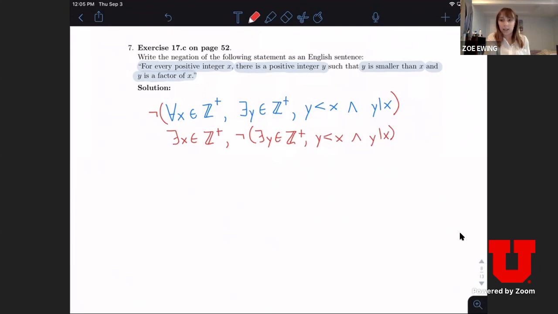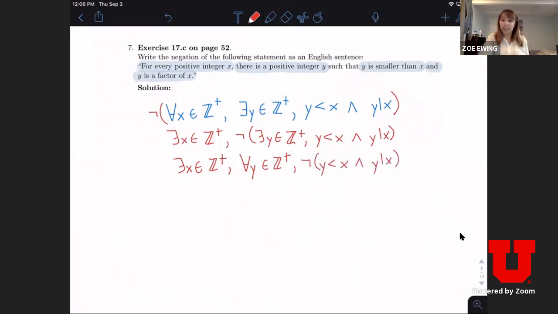All right, and then we go on to the next section, copy down what we already took care of. And we see that for all y in the set of positive integers, we have the negation of this part.